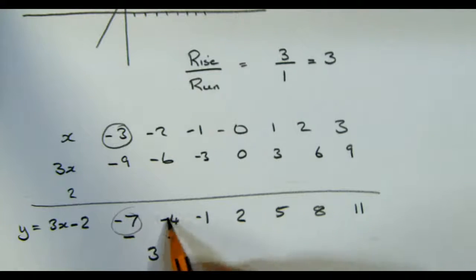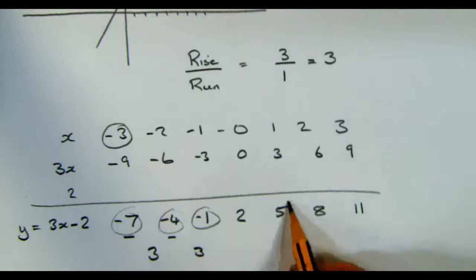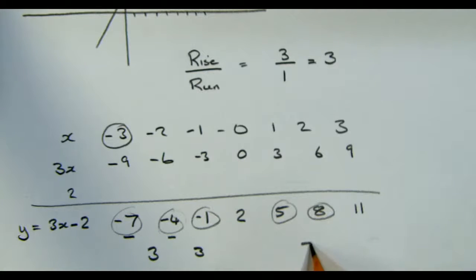So -7 to -4 is 3. If we look at -4 to -1, it's 3. If we look from 5 to 8, it's 3. In other words, y is increasing at a rate of 3 units for every unit increase in x.